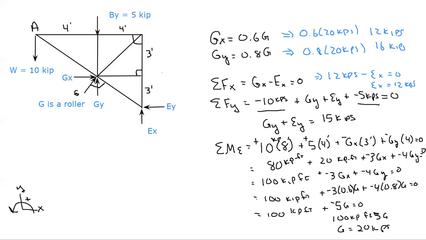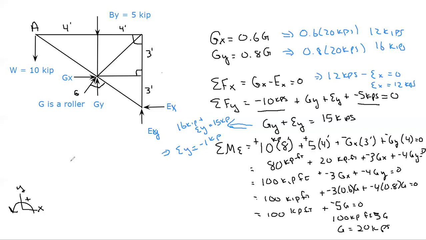And we can then solve 16 kips plus Ey equal to 15 kips. Therefore, Ey is equal to negative 1 kip, thus indicating that I chose Ey in the wrong direction. My Ey would actually, in real life, be down.